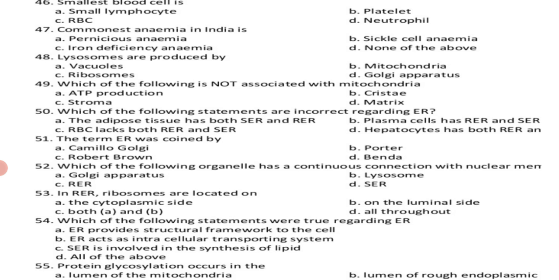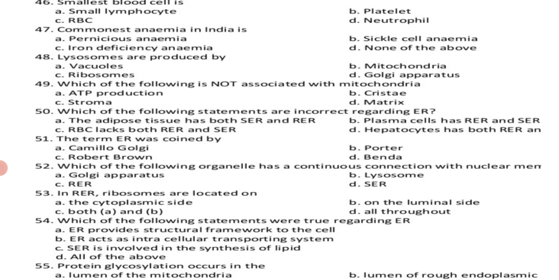Moving to the next question, question number 53. In rough endoplasmic reticulum, ribosomes are located on? Option A, that is the cytoplasmic side. In a rough endoplasmic reticulum, ribosomes are located on the cytoplasmic side.